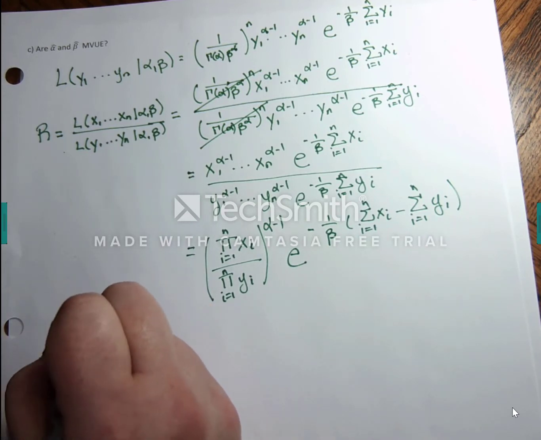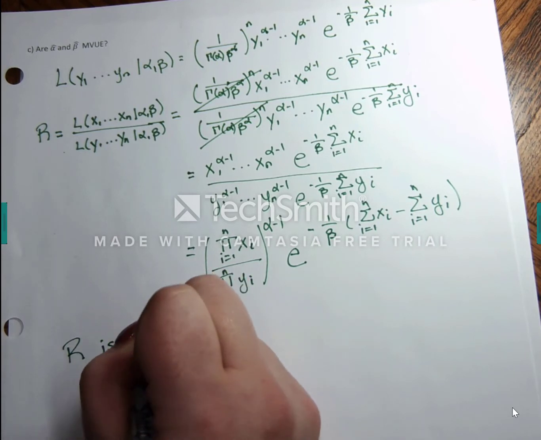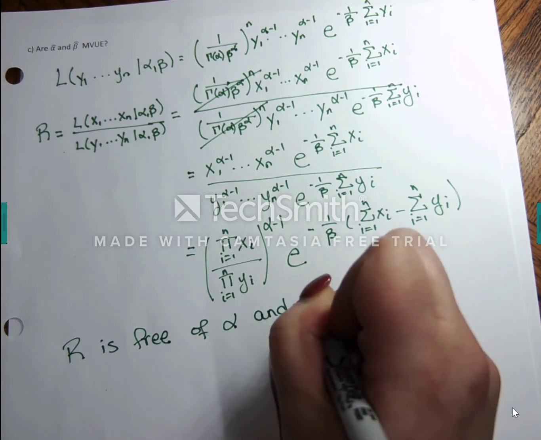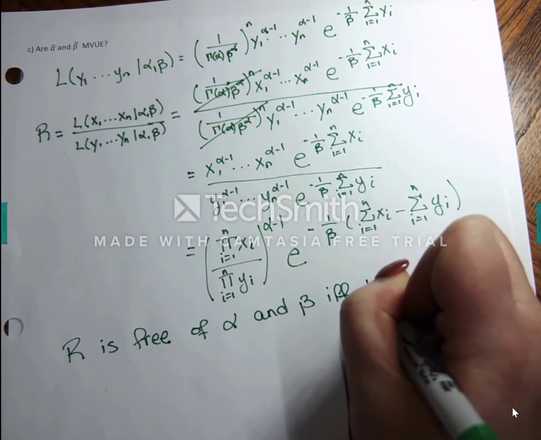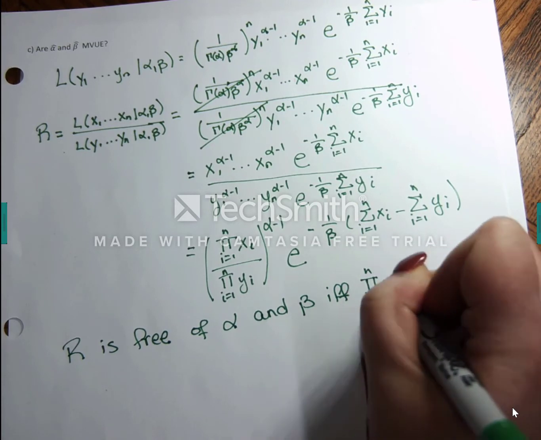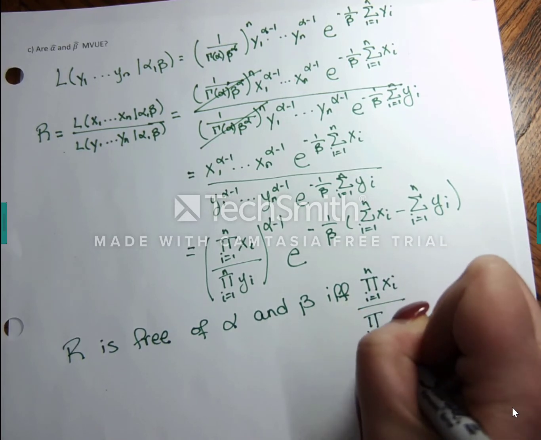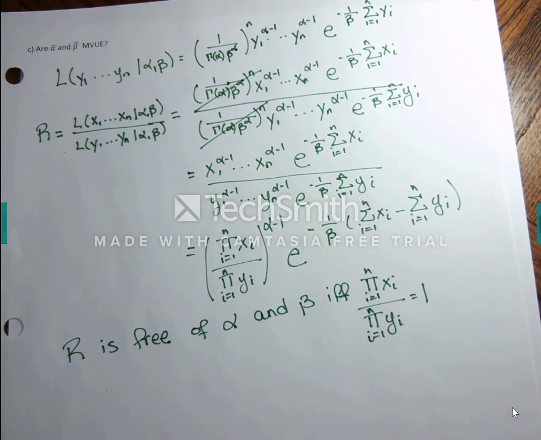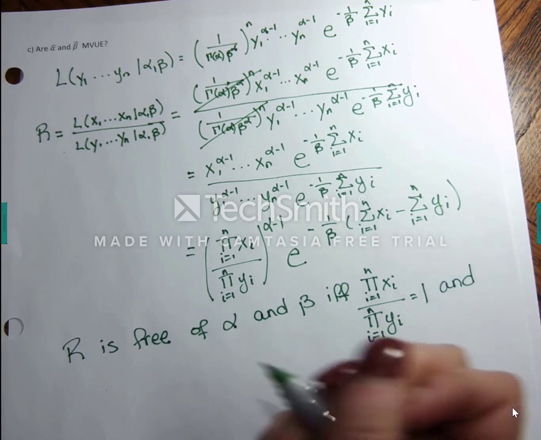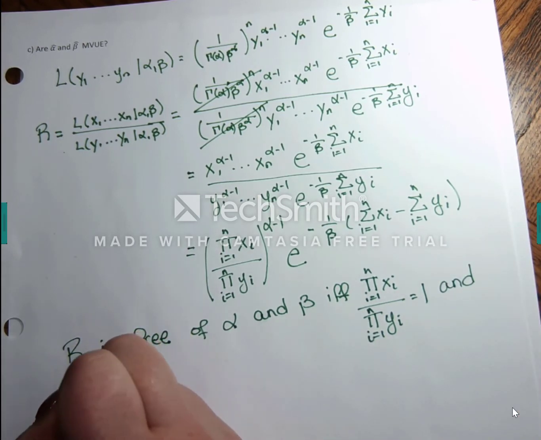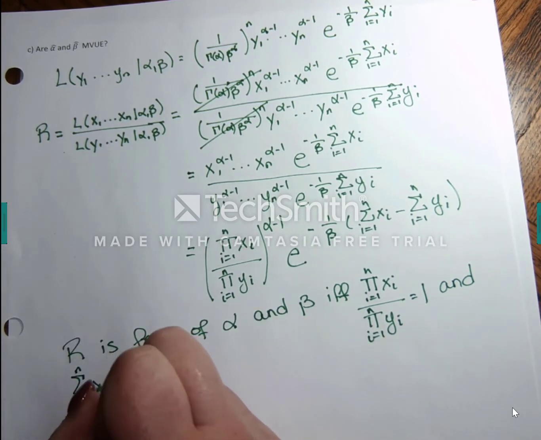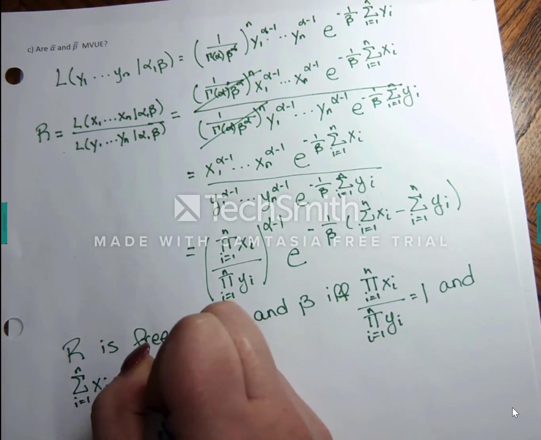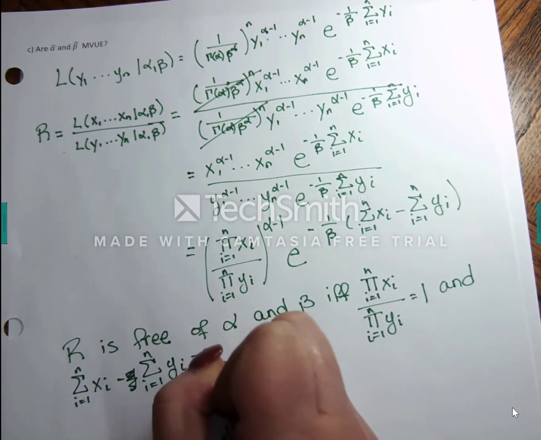So notice that R, or our ratio here, is free of alpha and beta if and only if the product from i equals 1 to n xi divided by the product i equals 1 to n yi is equal to 1, and we also need that the sum from i equals 1 to n xi minus the sum i equals 1 to n yi is equal to 0.